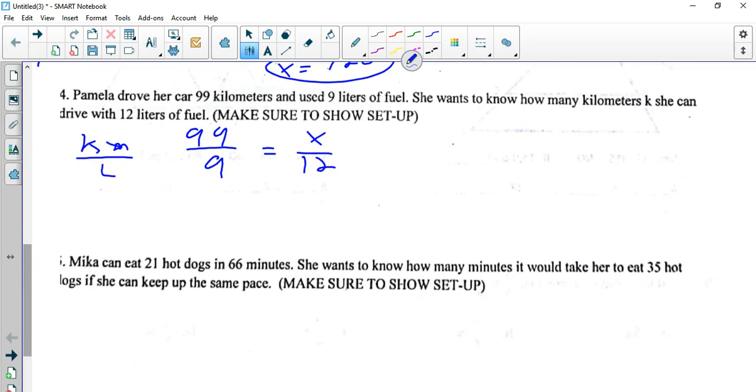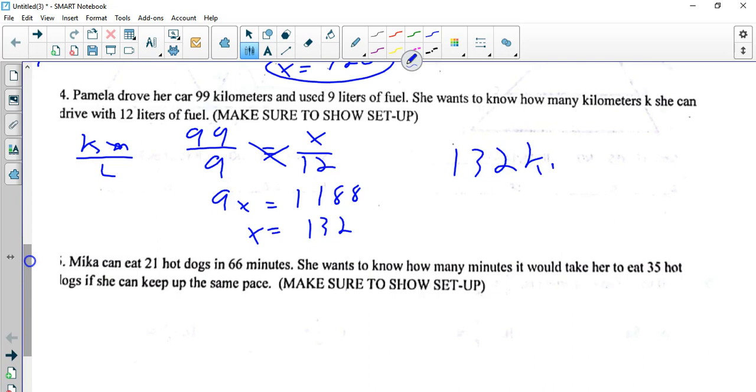How many kilometers? Again, we're going to cross multiply. You might have already seen a shortcut. And if you see those, it's okay. So 9x equals 12 times 99, which is 1,188. And when you divide, you get 132. Again, not the answer. You need to say 132 kilometers.